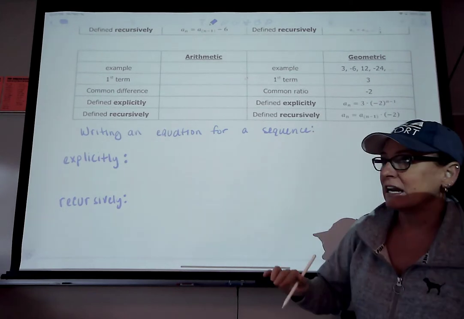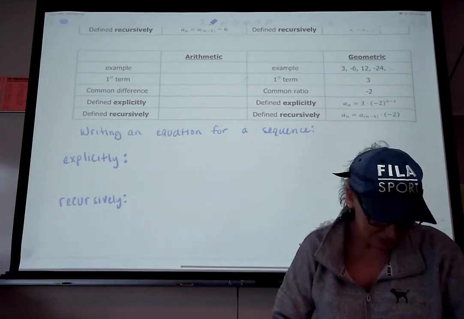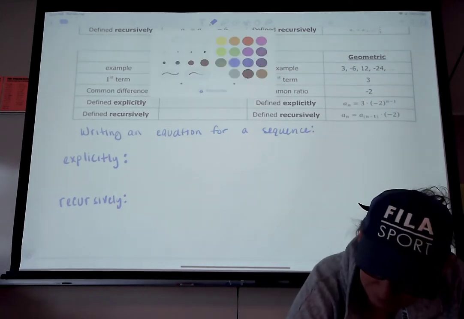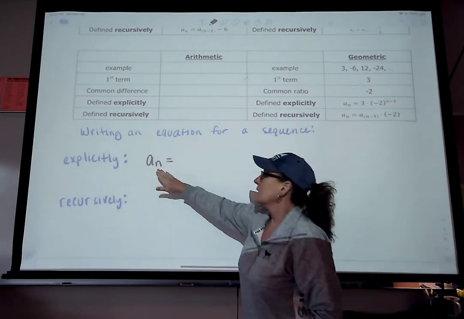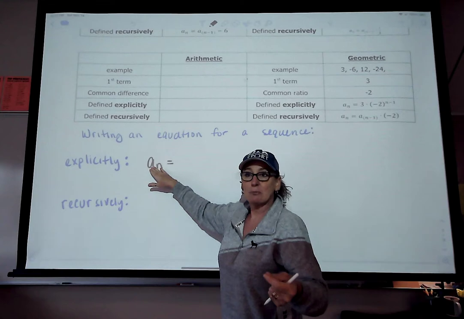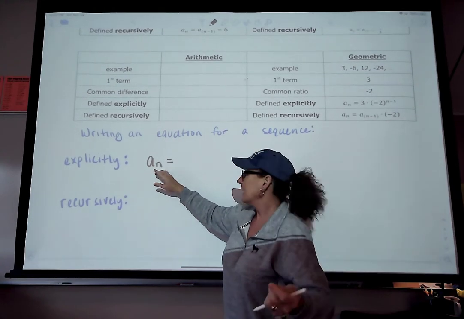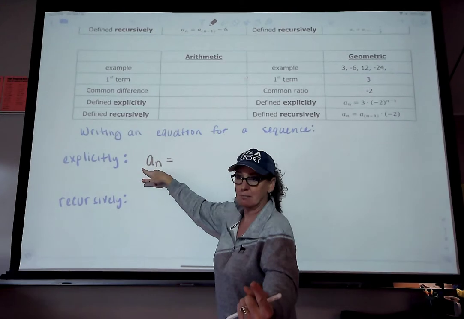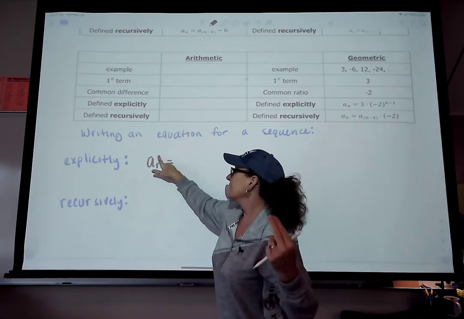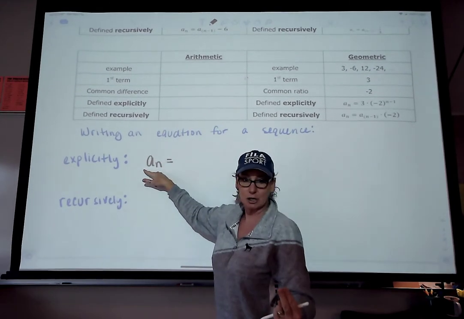So to define an arithmetic sequence explicitly, you're going to write A sub n. A sub n represents any term. If n is 1, then this represents your first term. If n is 2, then this represents your second term, and so on.